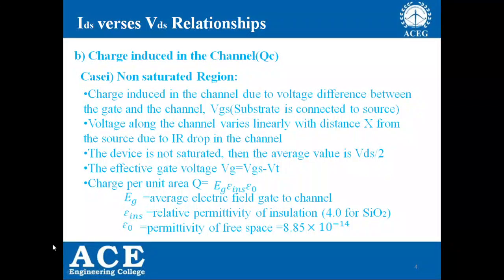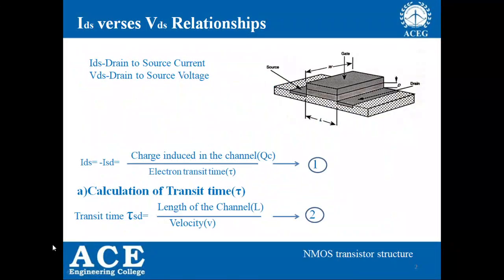Here we have a VGS applied at the gate, and a certain voltage will be required to establish the channel. That voltage is nothing but the threshold voltage. So the net voltage present at the channel is VGS minus VT.